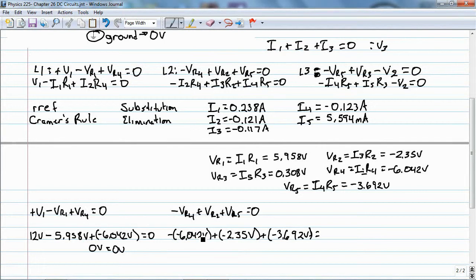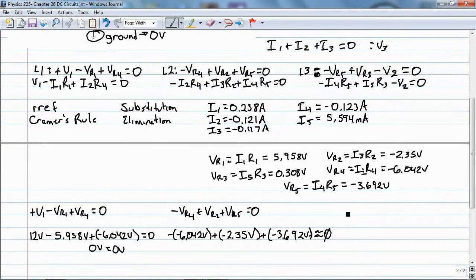It's going to be off just a little bit, but it's approximately equal to 0. So it's rounding errors at that point.